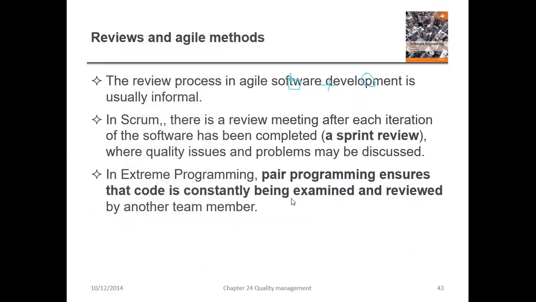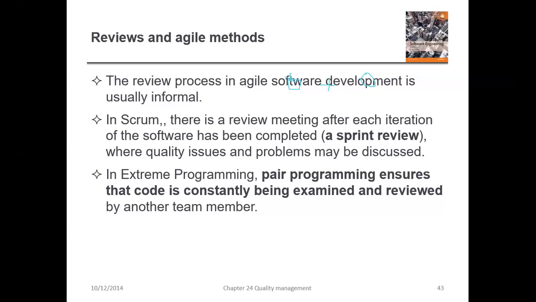So, reviews and agile methods. Now, the review process in agile software development is usually informal, as I've explained, because they don't go by detailed documentation. However, agile guys have their own style of carrying out their review, and it also depends on the methodology that you are using.